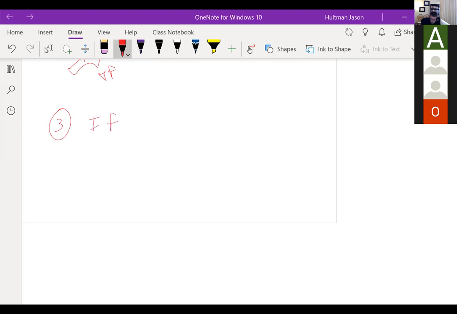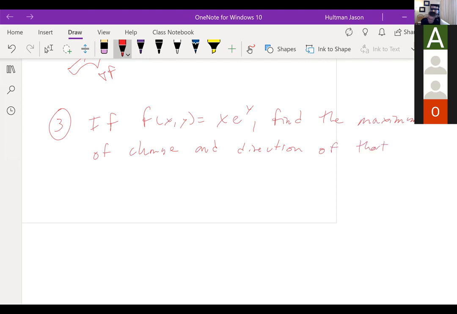If f of x,y is equal to x e to the y, find the maximum rate of change and direction of that rate at point (2,0). Okay, 2,0.